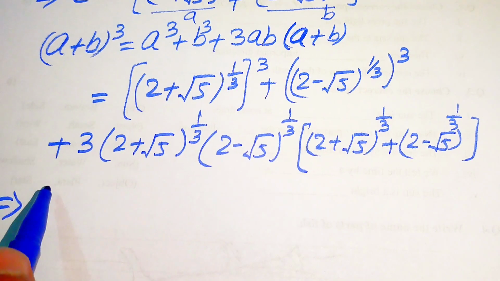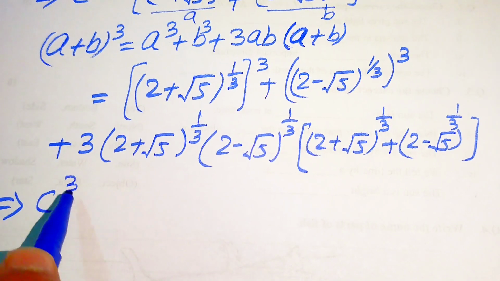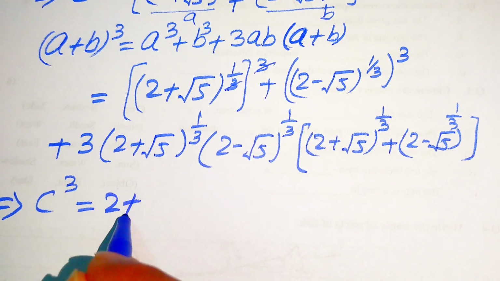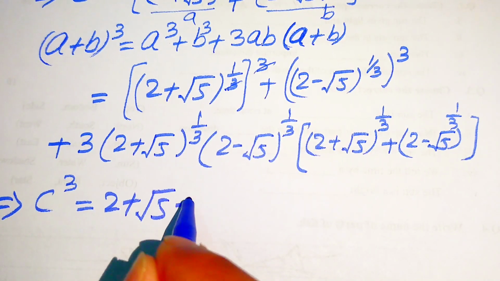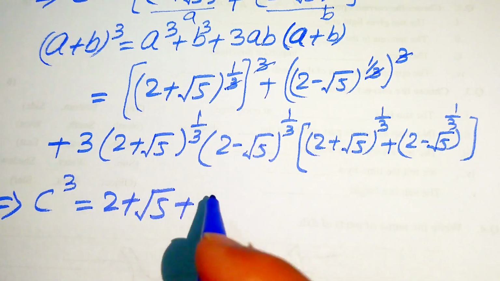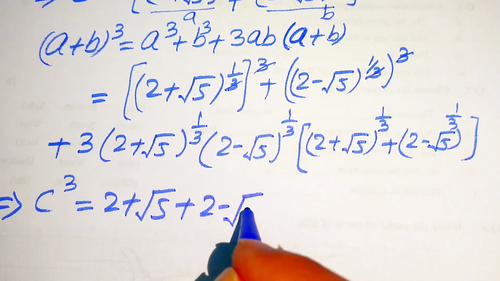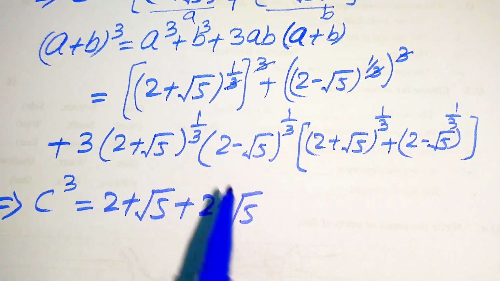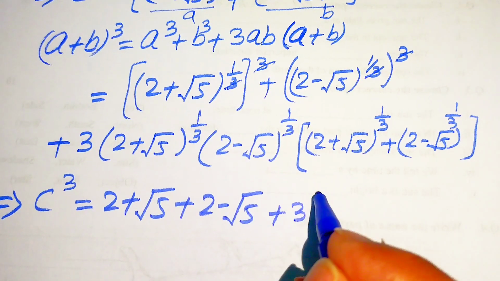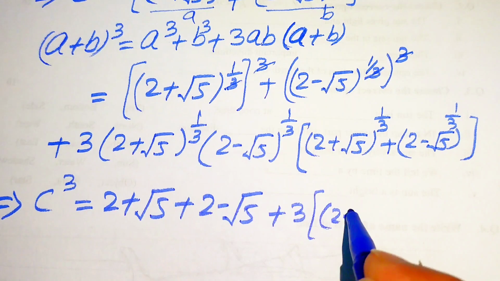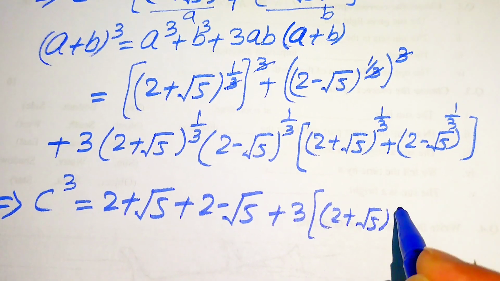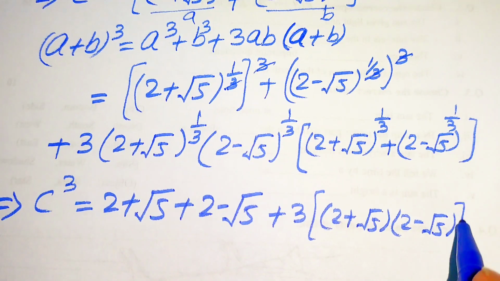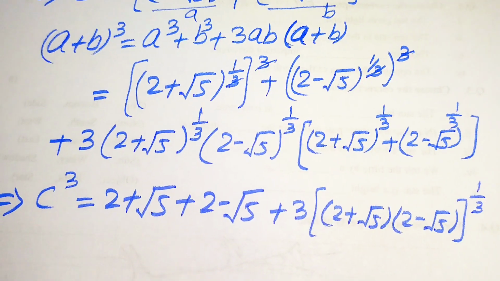and now we need to simplify the terms, and we will obtain here c cubed equals to this 3 and 3 are cancelled out by each other and we get 2 plus square root of 5 plus this 3 and 3 are cancelled out by each other and we get 2 minus square root of 5. And here we need to combine the power 1 over 3 of these two terms, and it will be written as 3 times of 2 plus square root of 5 into 2 minus square root of 5 and its exponent is 1 over 3.